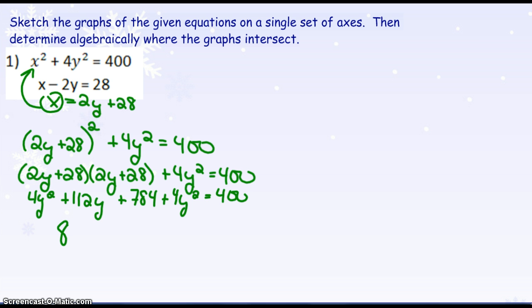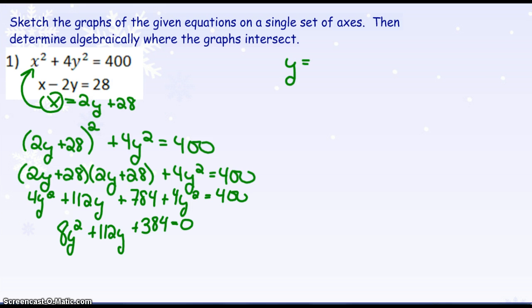Combine like terms, I'm going to get 8y squared plus 112y. Subtract the 400 over and you get plus 384 equals 0. So now I have a nice trinomial, and just based on the size of it, I don't really want to deal with it, so I'm going to go the quick route and do the quadratic.